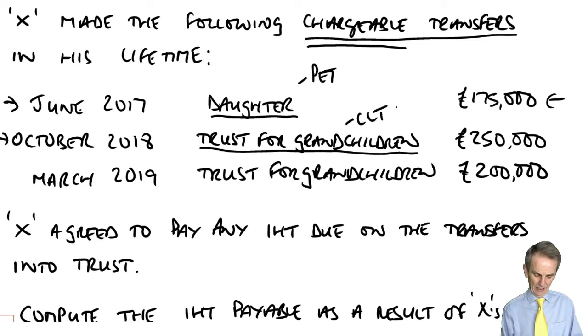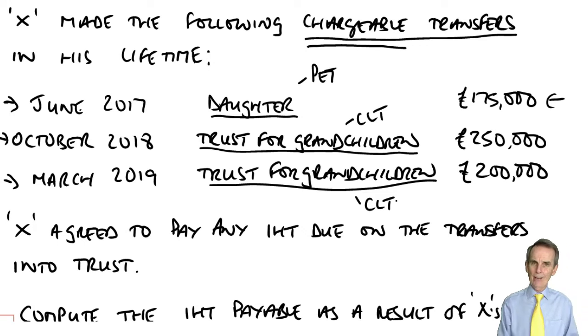That, therefore, is a CLT. And we see it happening again in March 2019, a further transfer into this trust, a further CLT. So when we see lifetime transfers, we are able to label them, whether they be CLTs, transfers into trust.